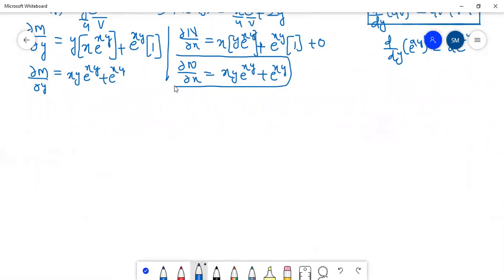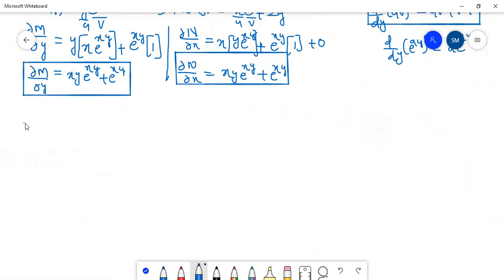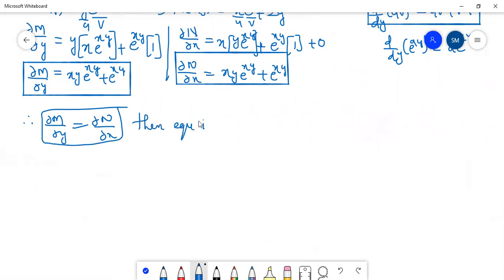Here dou n by dou x and dou m by dou y, both are equal. Therefore, dou m by dou y is equal to dou n by dou x. Then equation 1 is an exact differential equation. So next we can take the general solution of exact.